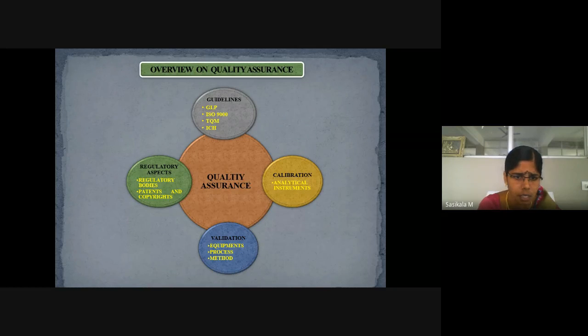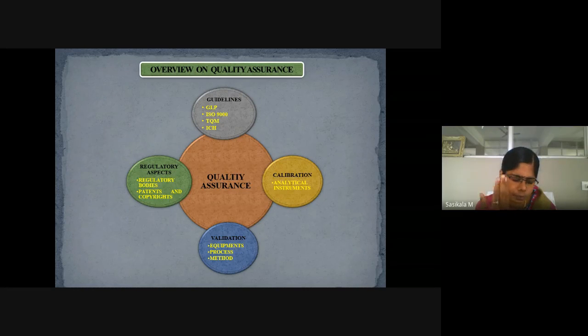And the fourth part is regulatory aspects. What are the various regulatory bodies, like patents and copyrights, for whatever drug you have manufactured or innovated, and that is registered as per regulatory bodies.